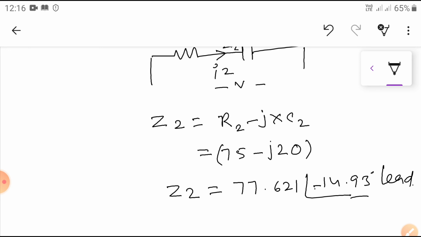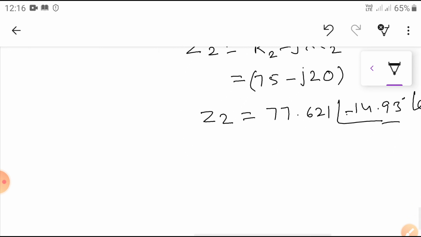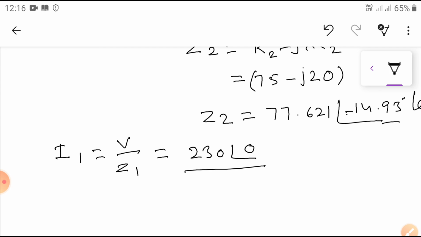Based on this, the next step is to find the current. Next is I1, which is required. I1 is equal to V by Z1. What is V? 230 volts at an angle of 0, the reference. What is Z1?